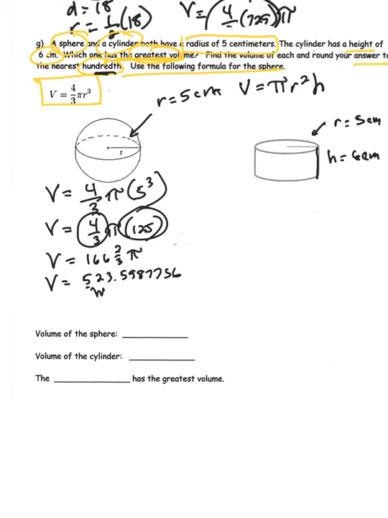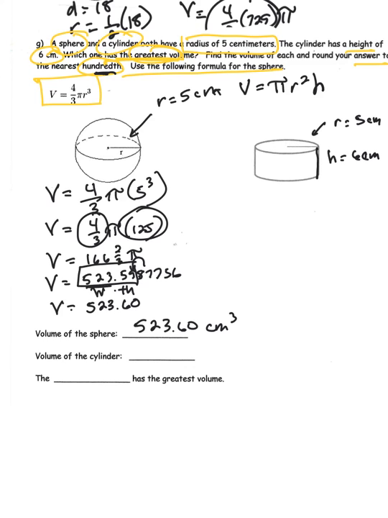So we're going to use what dot the heck and chop the number off there. This 8 tells this 9 to go up, to raise the score. So we have 523 and 60 hundredths. Because we're asked to round, we can now put this rounded version here, and the unit of measure was centimeters to the third power.